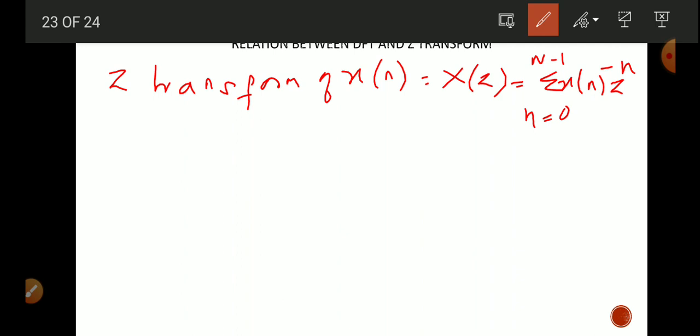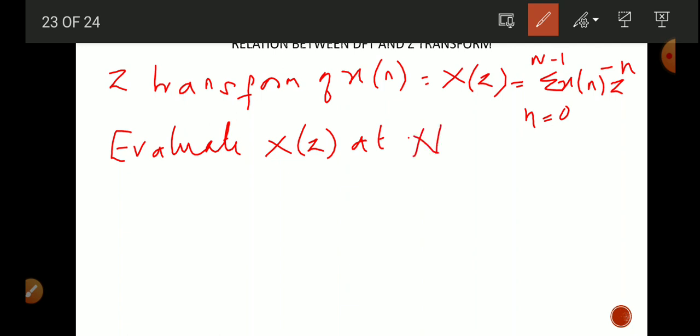To find the relation between DFT and Z transform, we are evaluating X(z) at equally spaced points. Here the equally spaced points are taken as the N samples. So next we are going to evaluate X(z) at N equally spaced points on the unit circle.